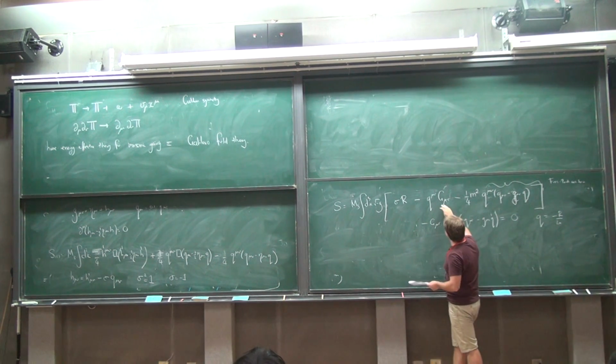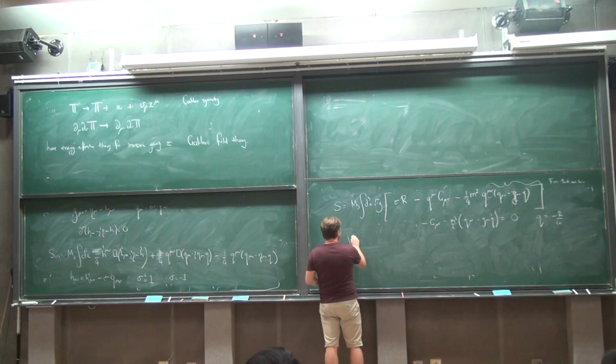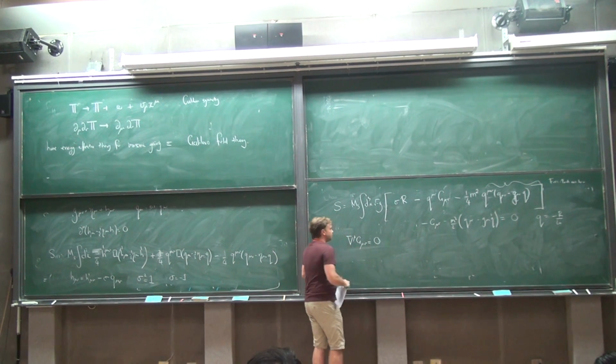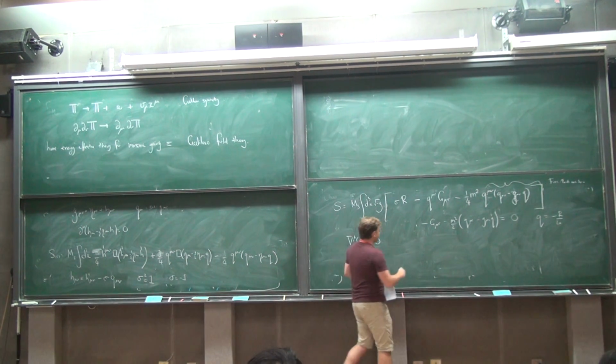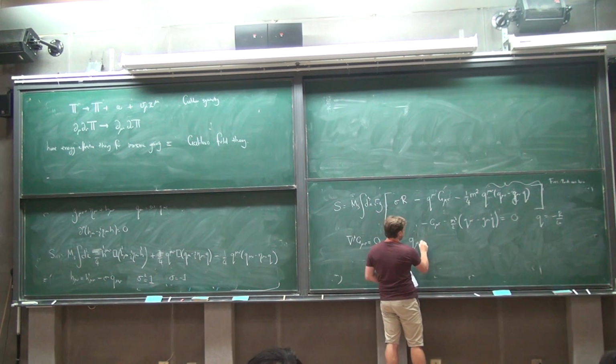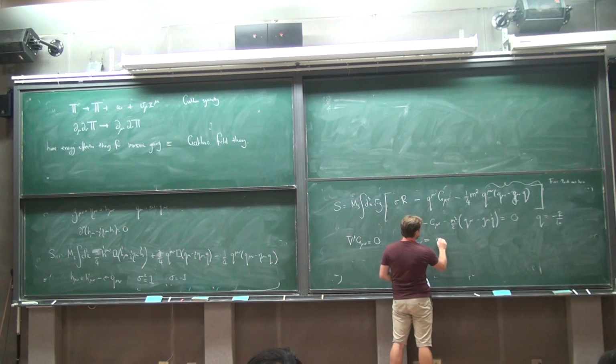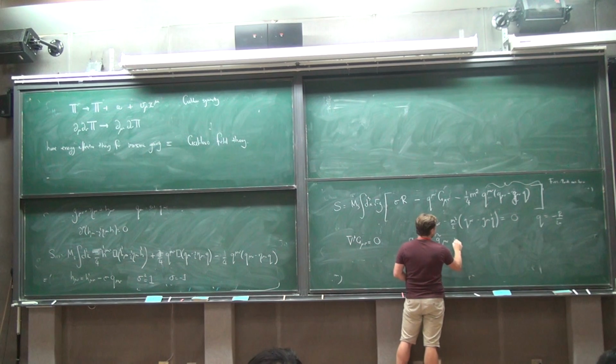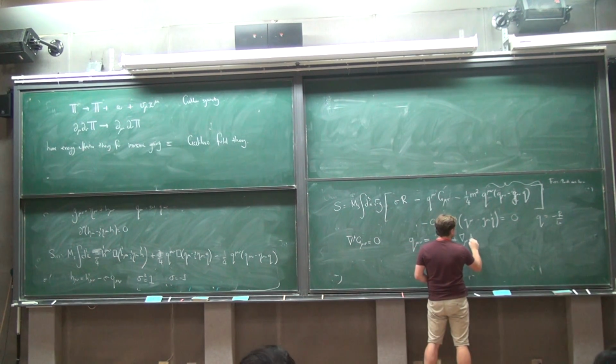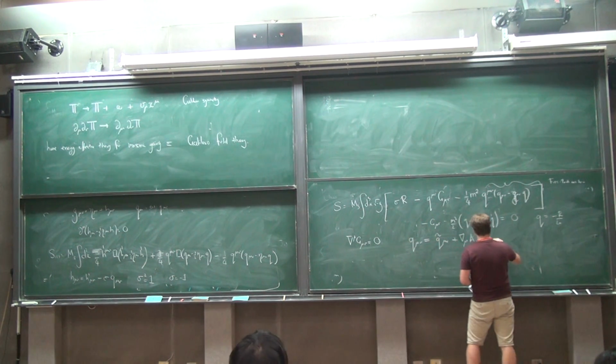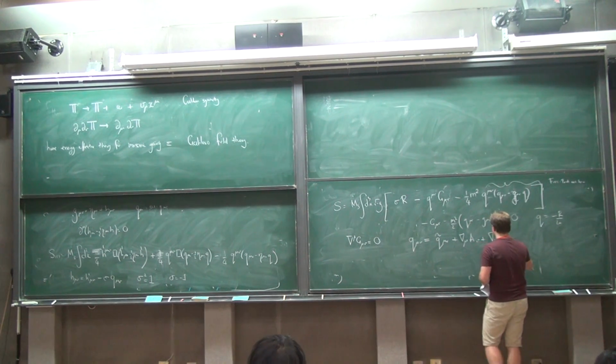And the trick to notice is that because of this coupling, as everybody knows, the covariant derivative of g mu nu is equal to 0. And so because of that, I can shift q mu nu, define a new field, q tilde mu nu. I can shift that by any covariant derivative of a vector, symmetrized.